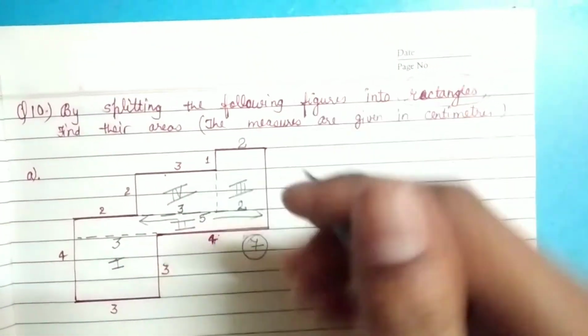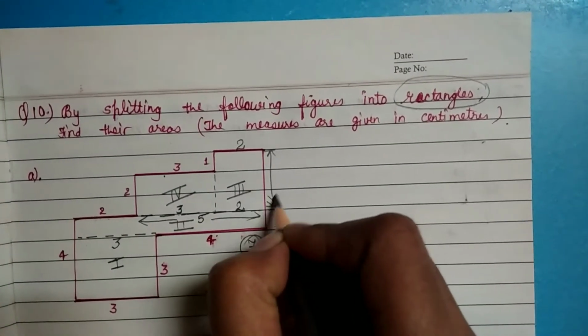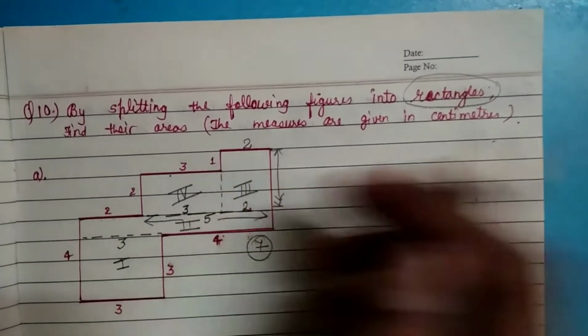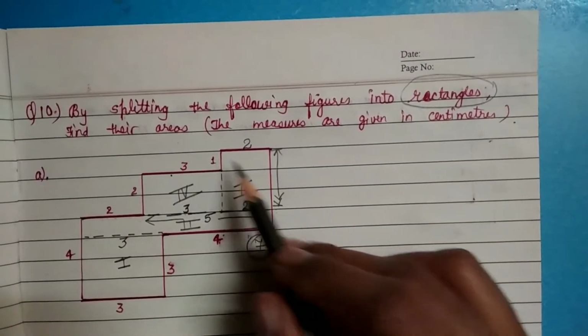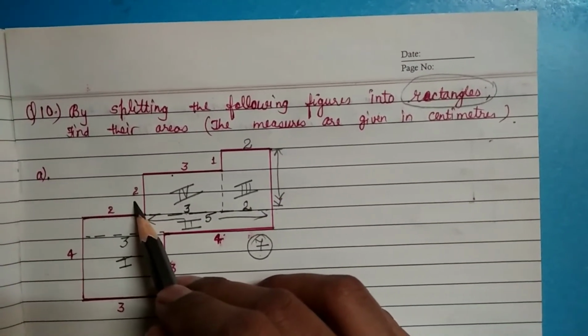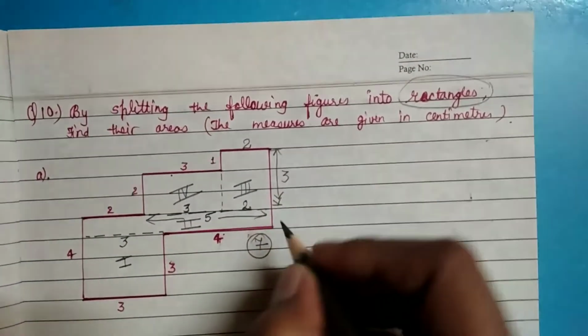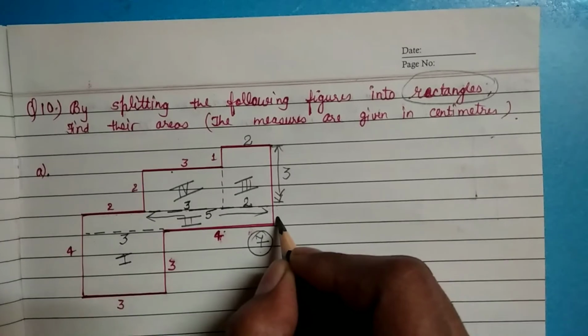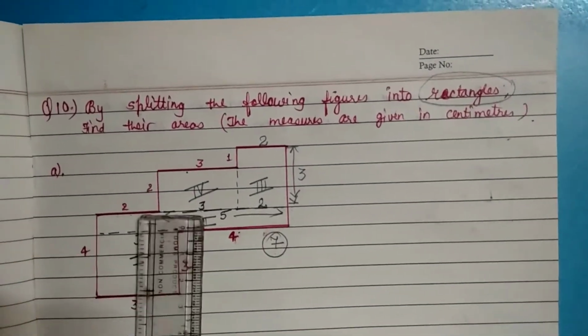And what do we have from here to here? You can simply see this line is equal to 1, and here it is equal to 2. So 1 plus 2 is 3. Only one side is remaining, so you can see here we have 4.